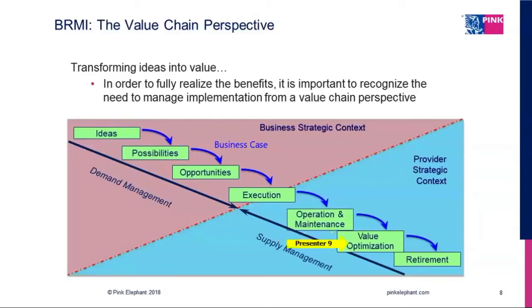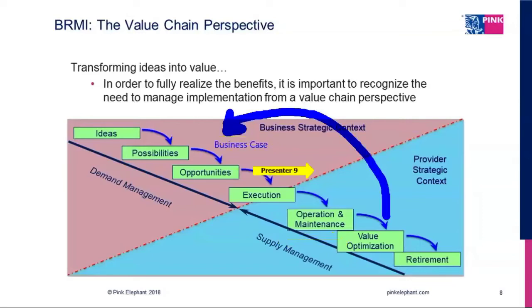And over time, value optimization, the diagram doesn't quite show it, but value optimization is basically going back up and validating, are we still meeting the objectives of business value that were defined at the very beginning? This might go on for years, and then eventually we may retire something. So we're going to have a structure later on to help manage this, this structure of a value chain.